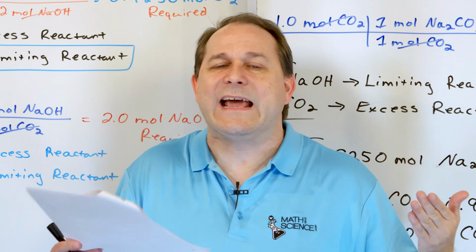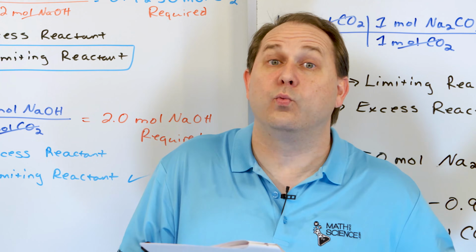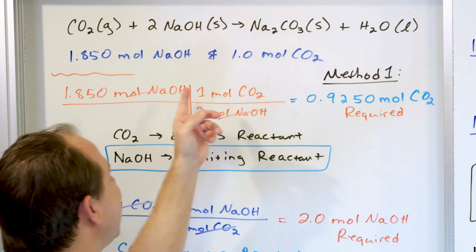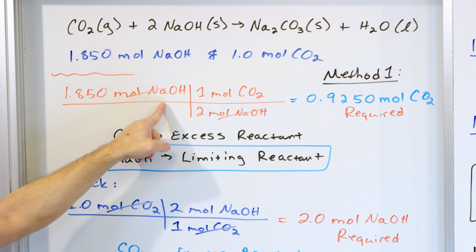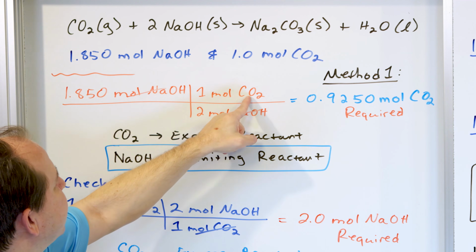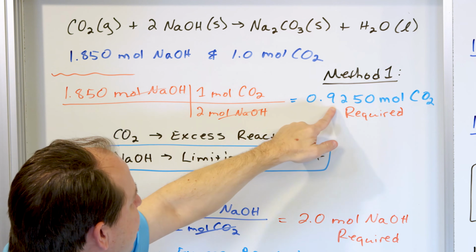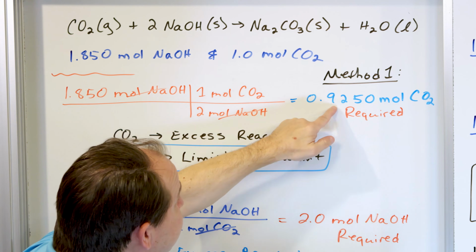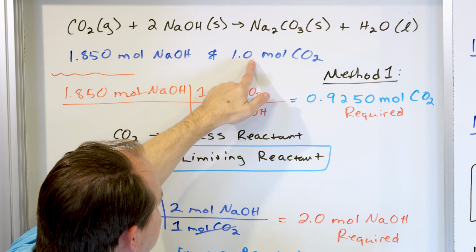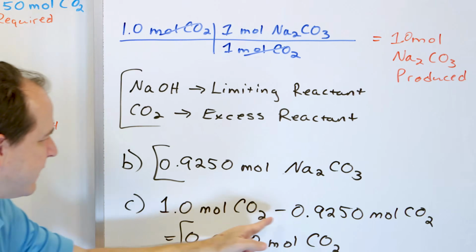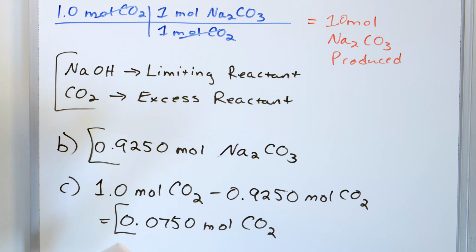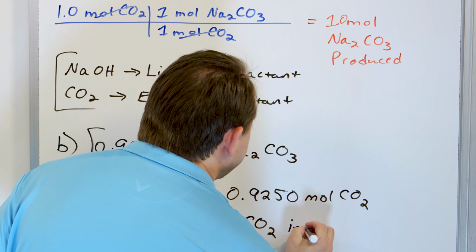And so then you just need to calculate how much of the other reactant was used. And so you start with that limiting reactant. In this case, we now know it's sodium hydroxide. How much carbon dioxide will react with it? It's in a 1 to 2 mole relationship. This is how much carbon dioxide will be used up in this reaction. This is how much we started with, minus this amount. That's all the math we did here. This is the amount in excess. I'll write in excess.